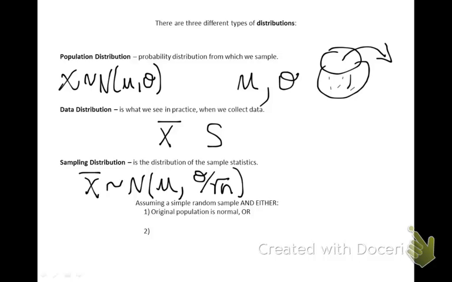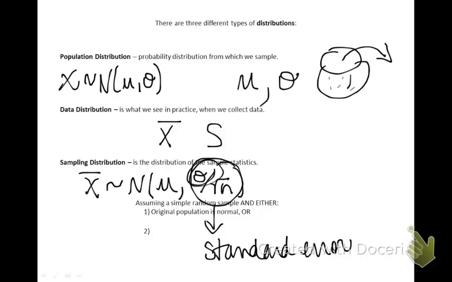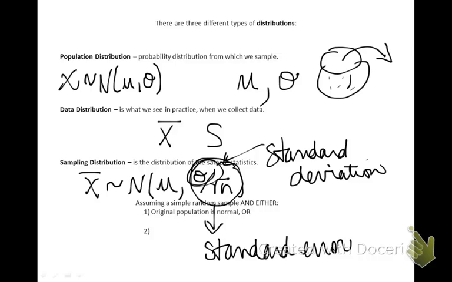There's a lot of vocabulary going on right here. Sigma over the root n is what we call a standard error. Sigma itself is what we call the standard deviation. It's very important that you remember the difference between standard error and standard deviation. For the error, divide by the square root of the sample size.